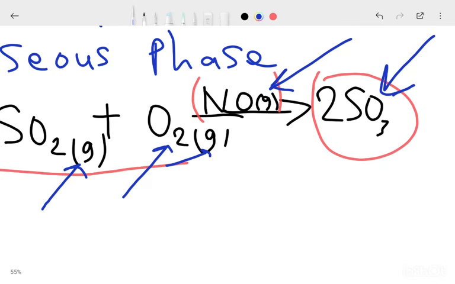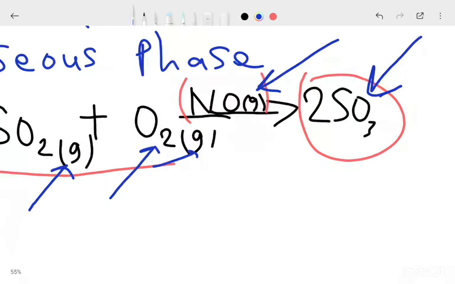If it's S there, it is solid. If it's L, that is liquid, okay? So no matter their phases, they must be in the same phase. All of them must be in gaseous phase, or all of them must be in liquid phase, or all of them must be in solid phase. The thing is they must be in the same phase.